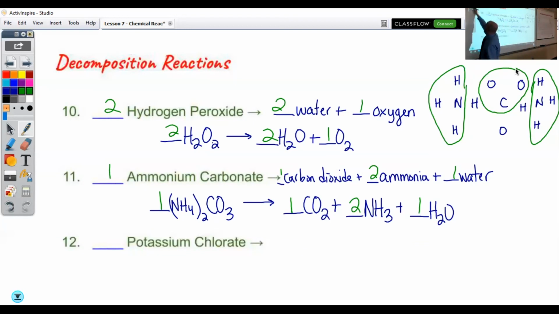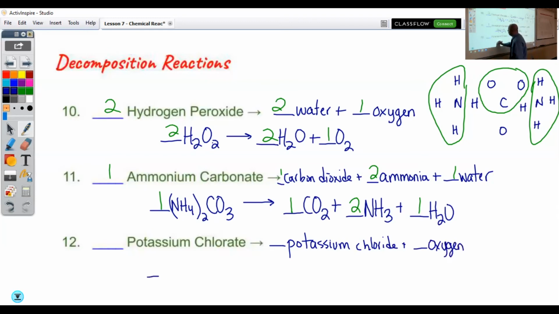Okay, let's take a look at our last one. We have potassium chlorate. So potassium chlorate is that same example we saw earlier. So we're going to make potassium chloride and oxygen gas.